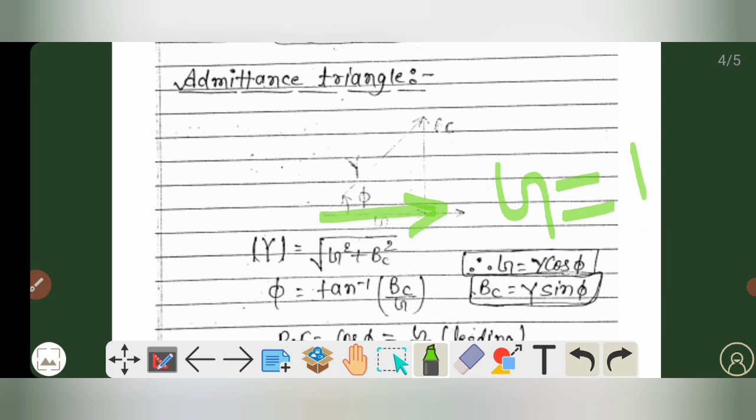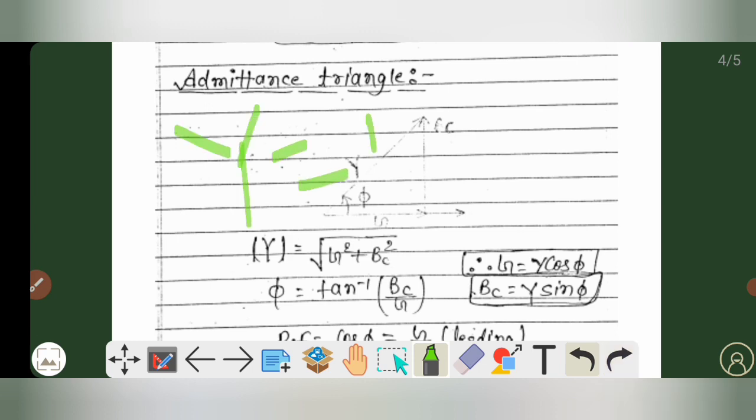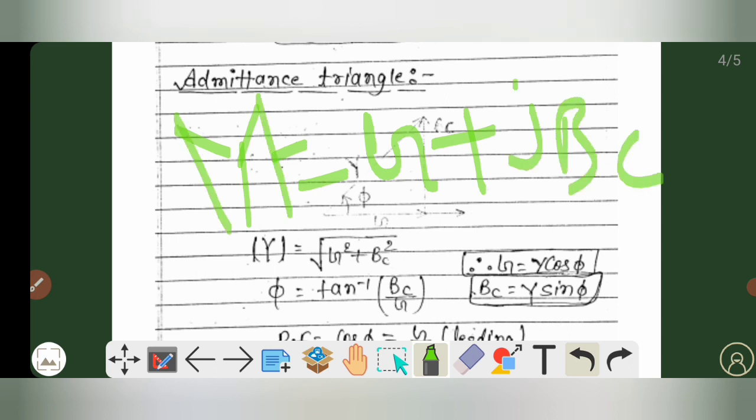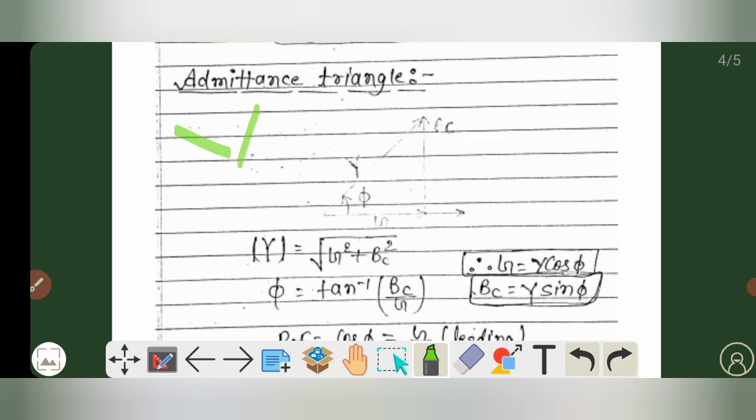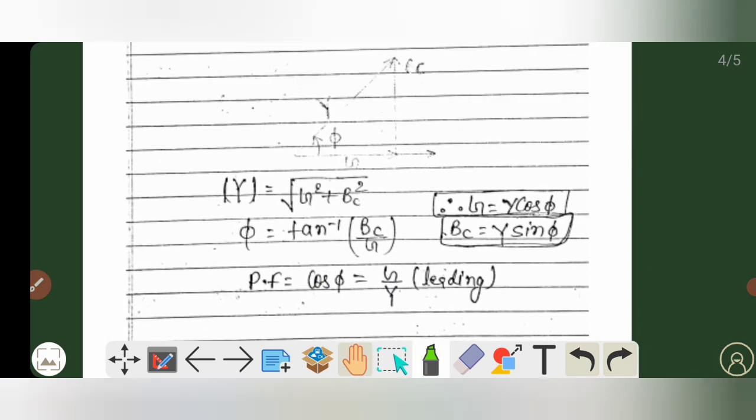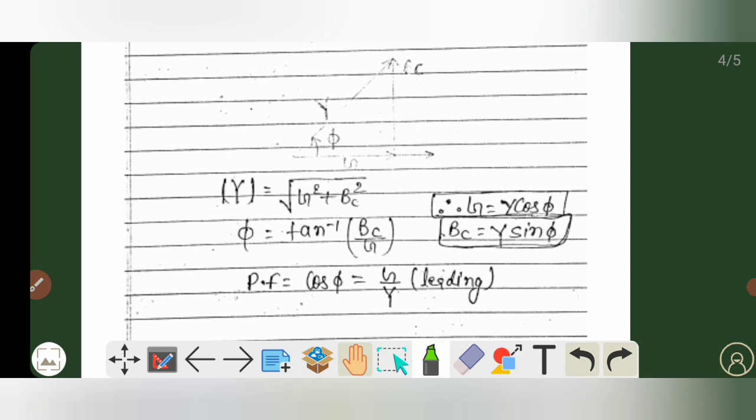As we already know, Y is equal to G plus jBC. If you want to calculate its magnitude, the formula will be magnitude of Y is equal to root under G square plus BC square. And from the triangle, we can easily calculate the value of tan phi and power factor.